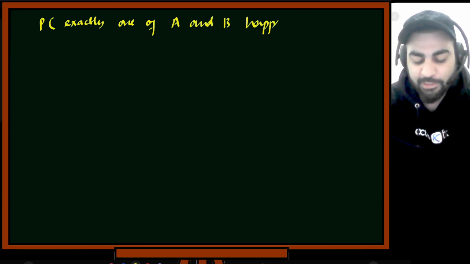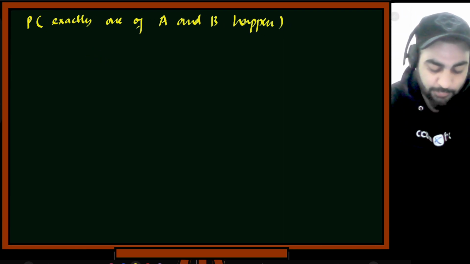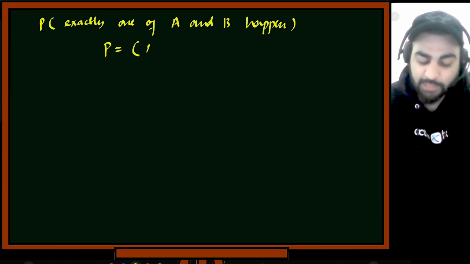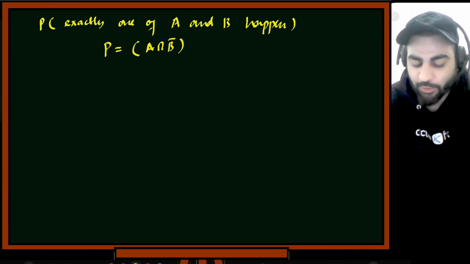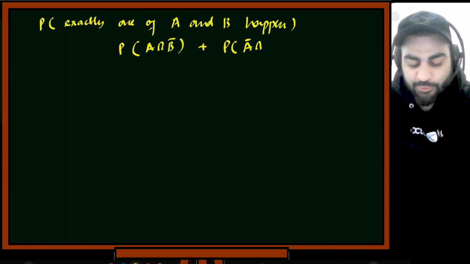By that I mean either A should happen or B should happen, but both should not happen. In probability you write it as: A should happen and B should not happen, plus A should not happen and B should happen.